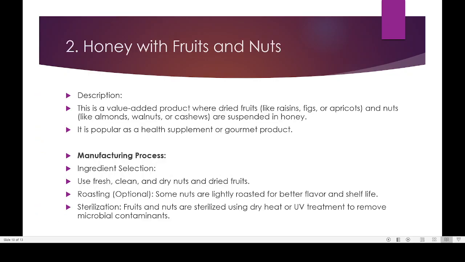Then the next one is honey with fruits and nuts. That is another product. See here, this is honey with fruits and nuts.